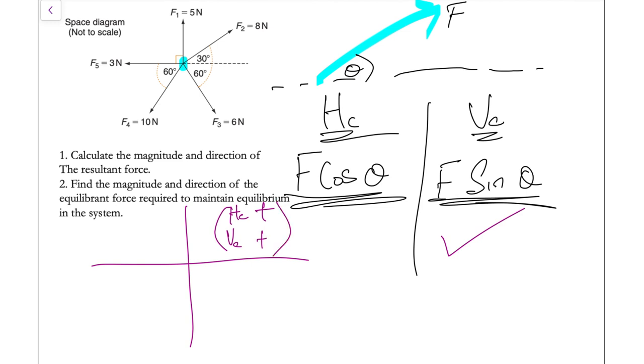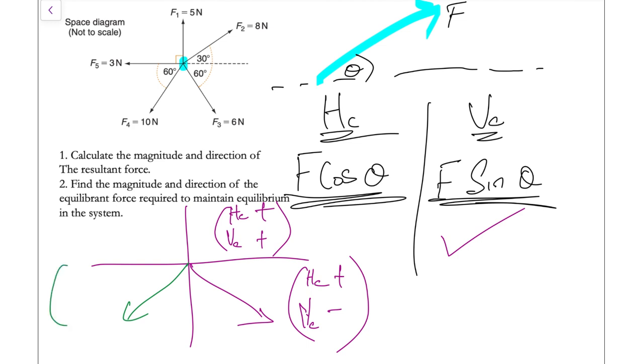If we look down here, if we have a force going like that in that direction, then it's still going to the right. So therefore, our horizontal component is positive. But because that force is going down, it means our vertical component will be negative. Now, how about on this side? Again, it's going down and going to the left.